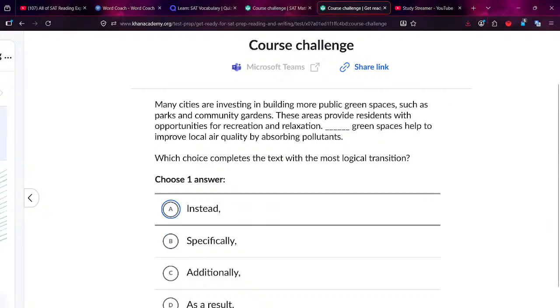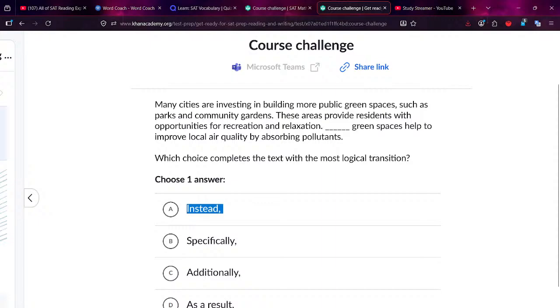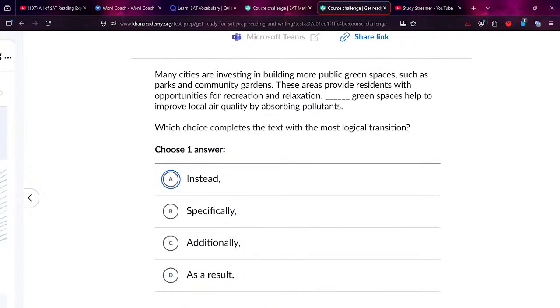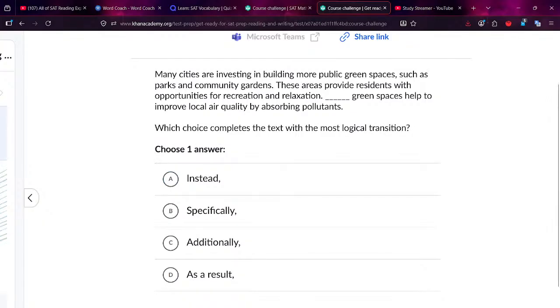"Instead" doesn't make sense, right? Because it's talking about a similar thing. "Specifically": I don't think it should be specifically because it's not a specific of recreation and relaxation. It's more of an additional fact, right? It's not a result.